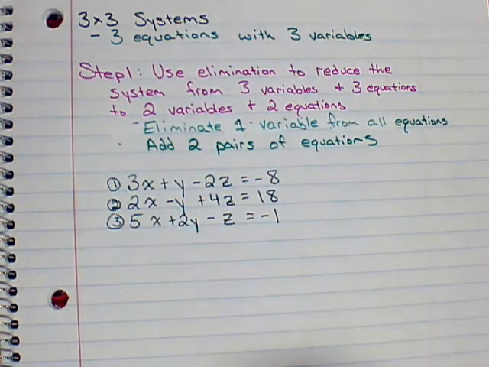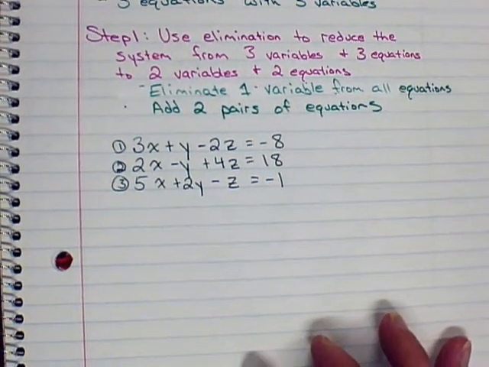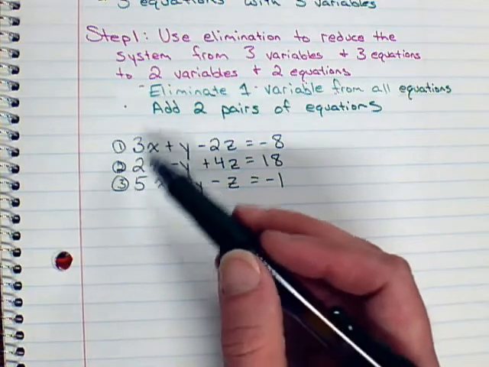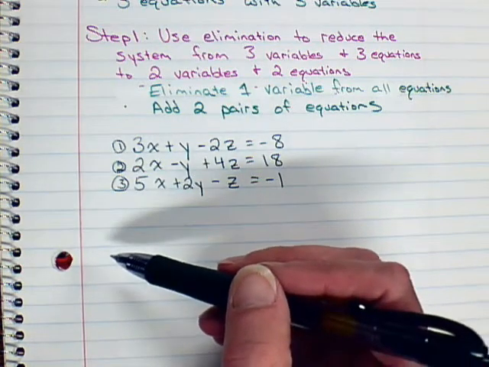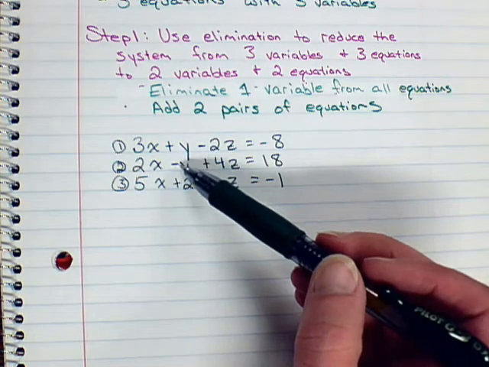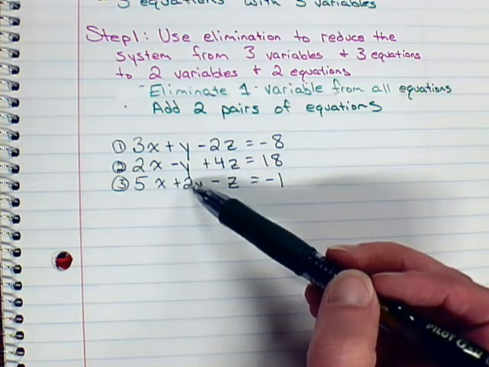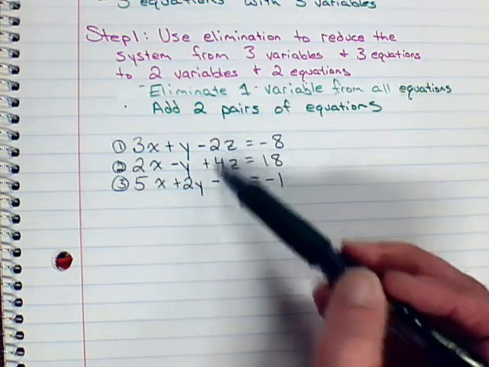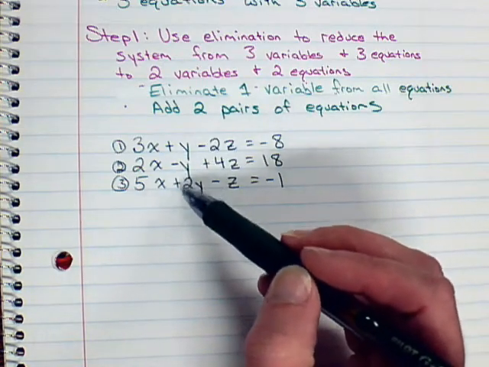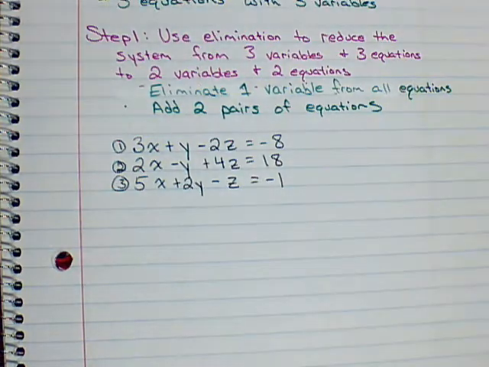Which variable looks like a good target? Well, if I look through here, x has 3, 2, and 5. Those are a lot of different coefficients. Here we have 1, negative 1, and 2. Ooh, that one looks really nice. Z could work as well, but I like the fact that we only have to really deal with 1 coefficient here.